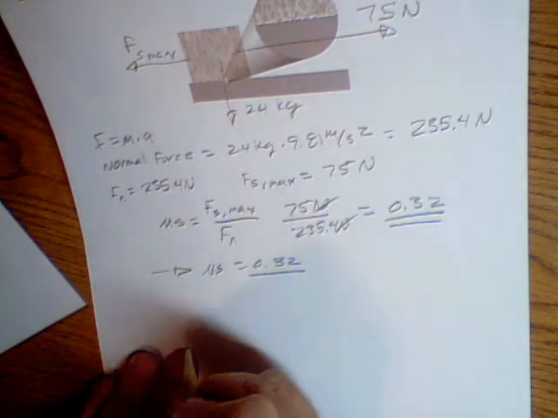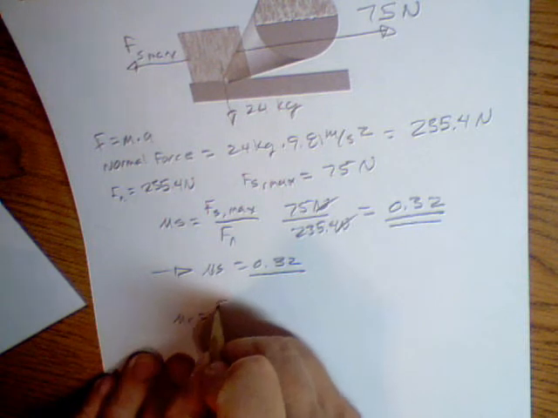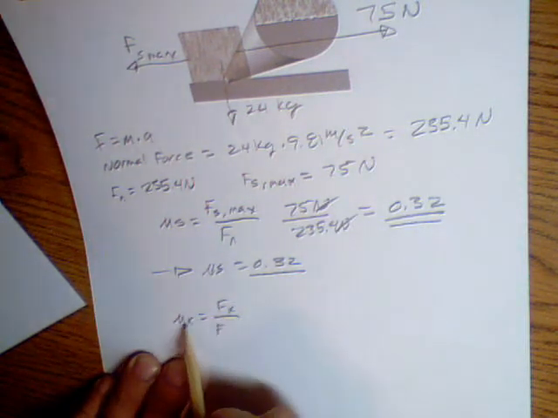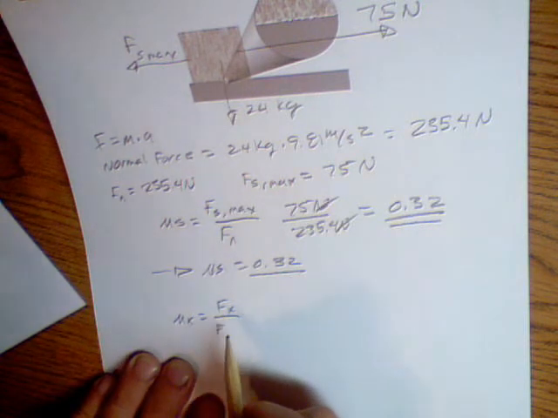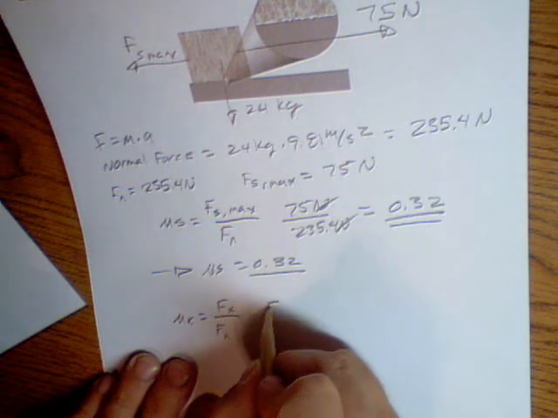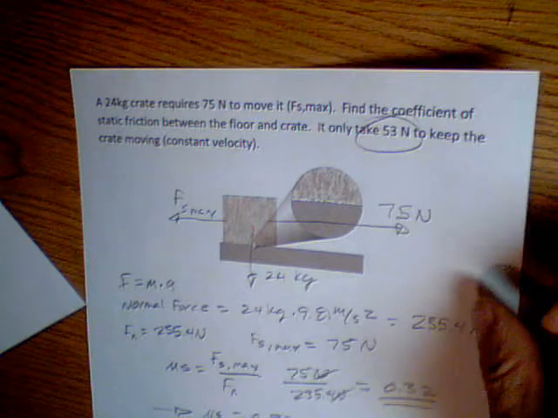Now we could do the same thing for the kinetic friction, because the coefficient of kinetic friction is the force of kinetic friction over the normal force. And so we already said that it takes 53 newtons to keep it moving.